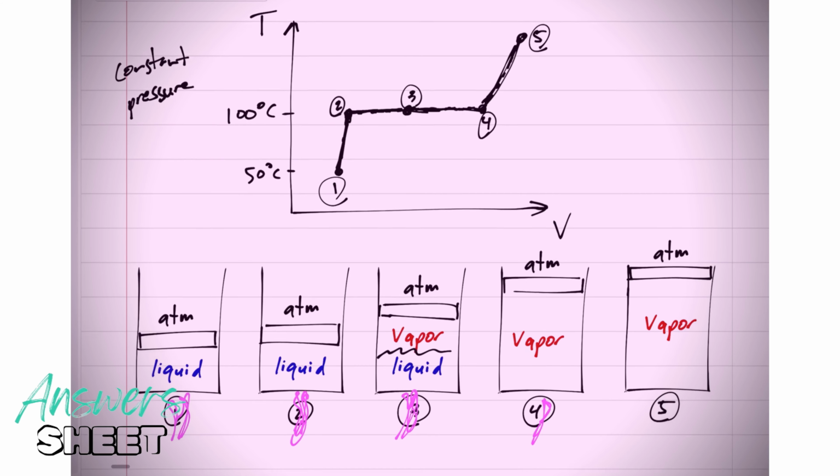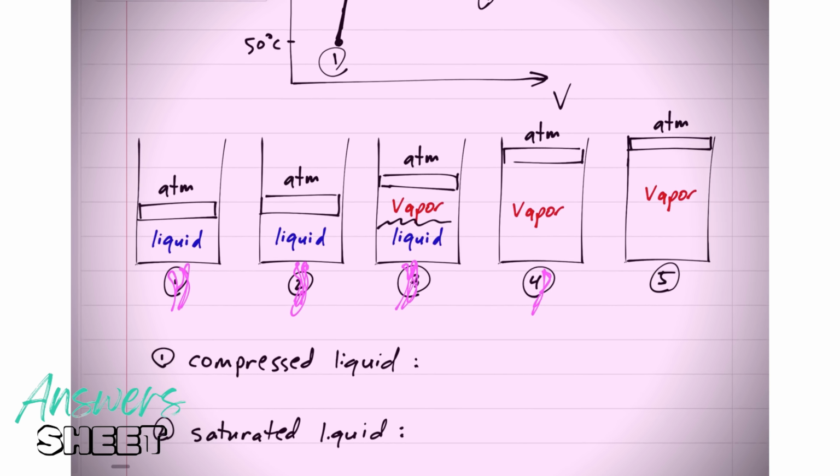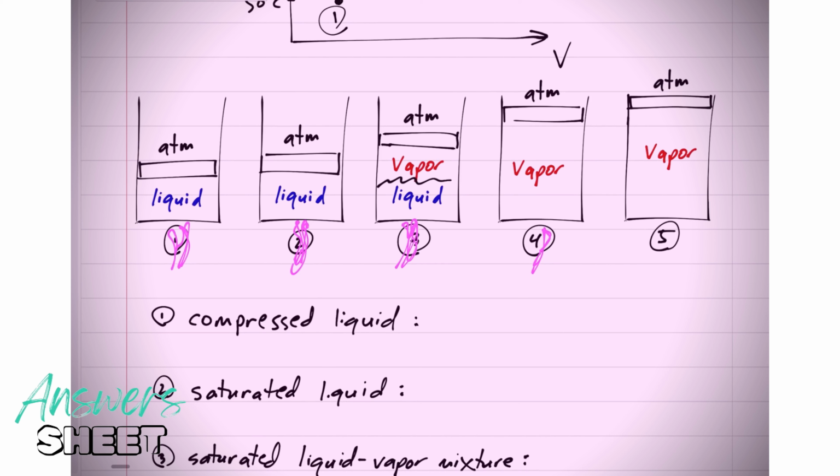These are kind of interesting points on the phase change graph. All right, state 1 is a compressed liquid. It is 100% liquid. It's also known as a subcooled liquid.